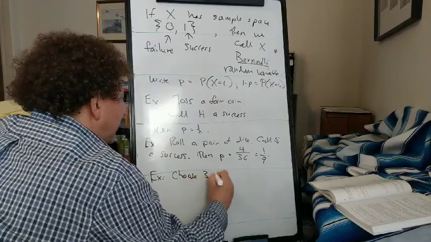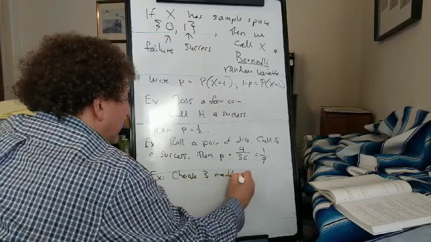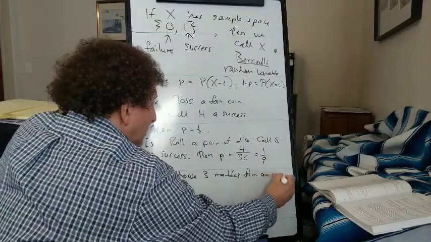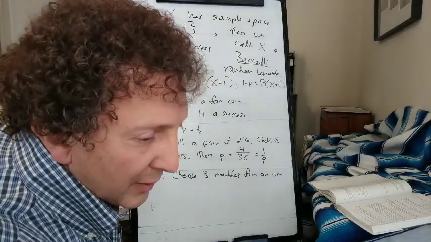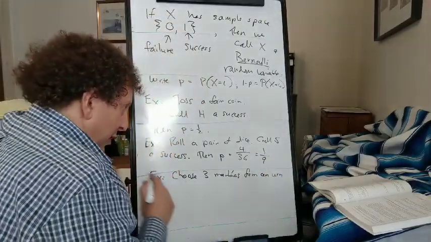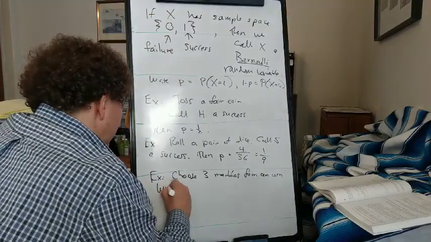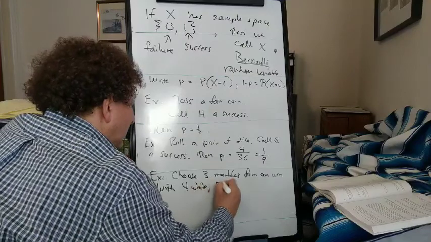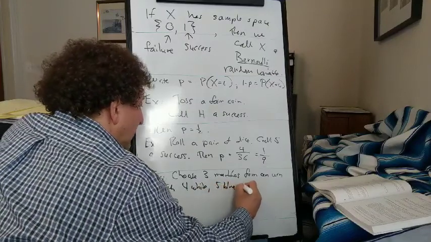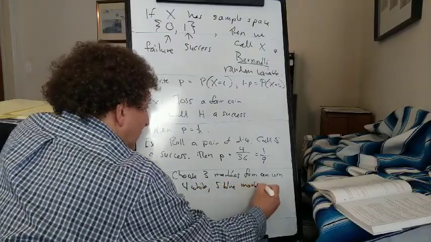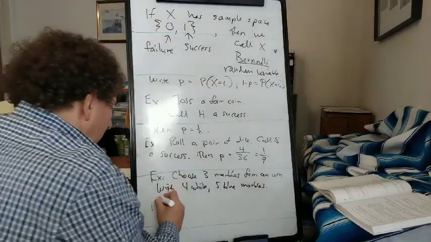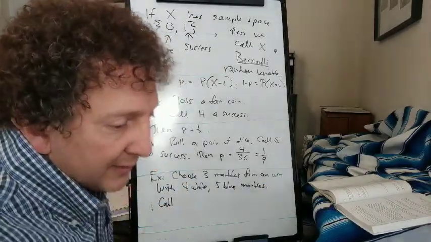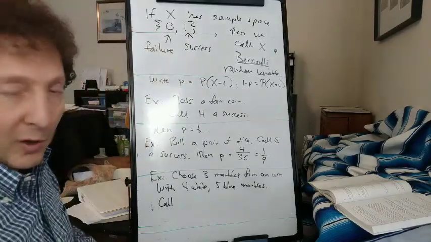There's another example. Let's choose 3 marbles from an urn with, let's say, 4 white and 5 blue marbles. And if we get 1 white and 2 blue, we'll call that a success.